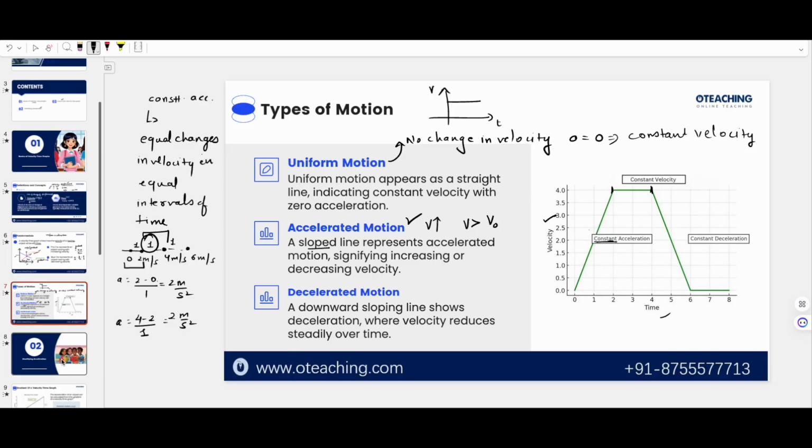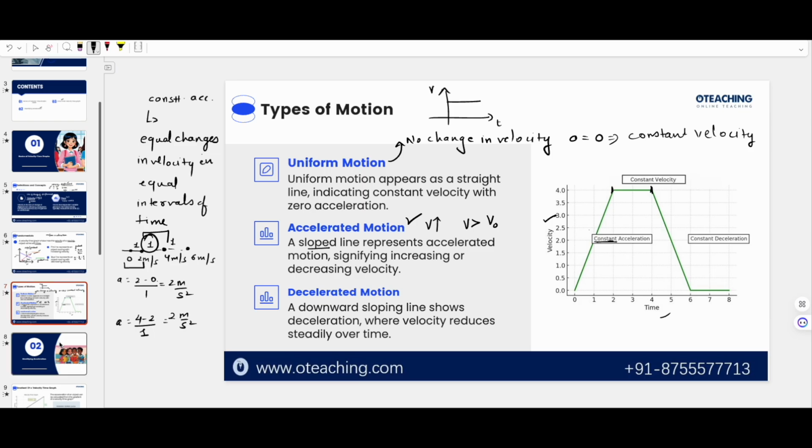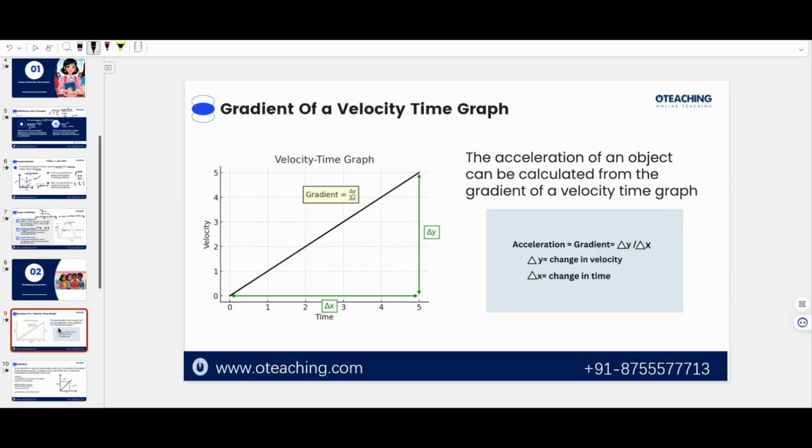After understanding this one, we have identifying acceleration. Though we have already covered the types of motion, and the gradient of the velocity time graph, we have already learned that on the velocity time graph, the gradient is delta y by delta x. And what is acceleration here? The rate of change of velocity.